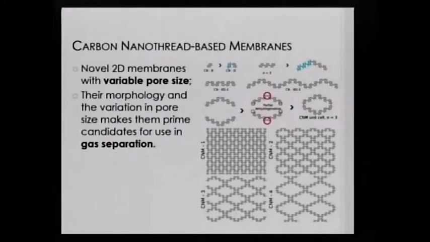By controlling n, the number of replicas, we can create membranes with variable pore size. This morphology in particular makes them prime candidates for use in gas separation, for example.